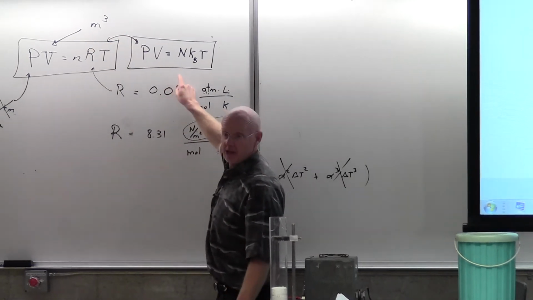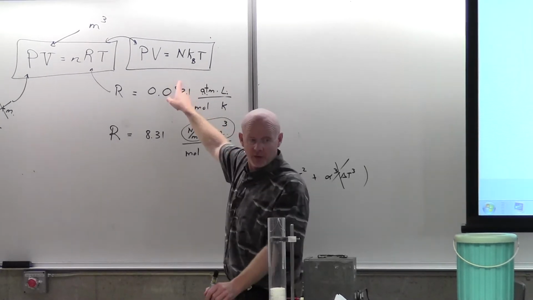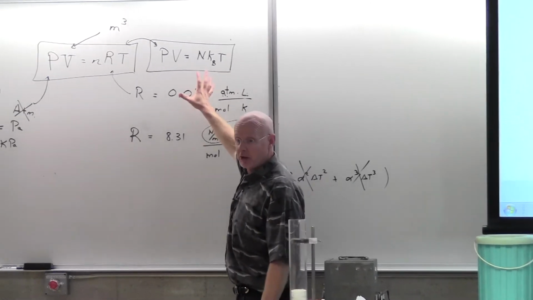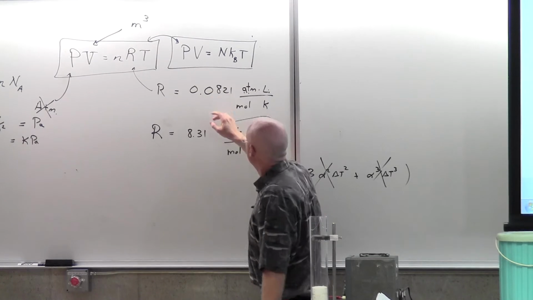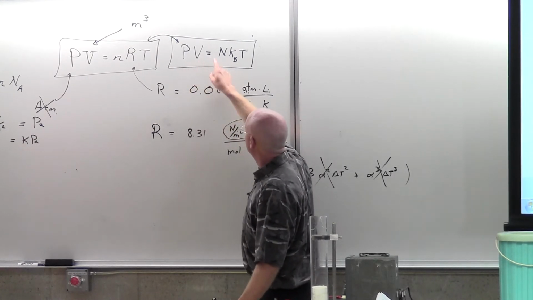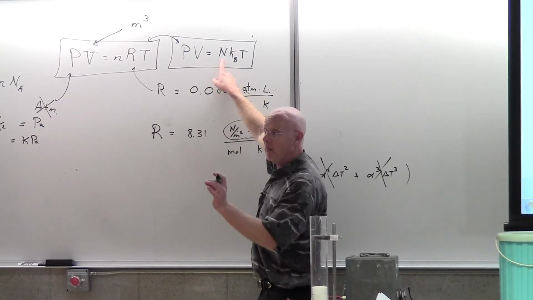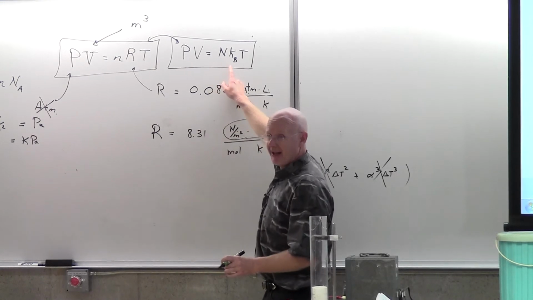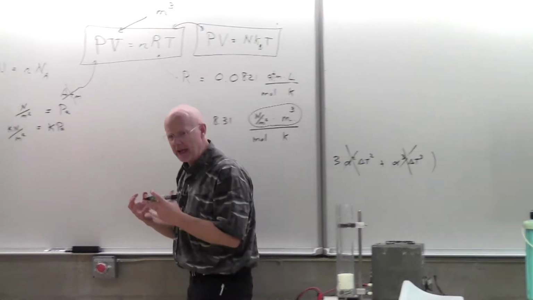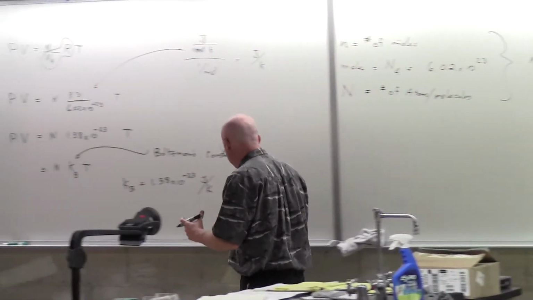But this is really going to help us with our physics. This will allow us to think about the pressure and volume being related to how many molecules and this Boltzmann constant. Let's look carefully. What is it really saying?